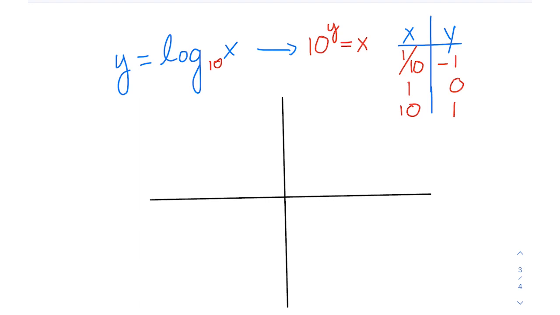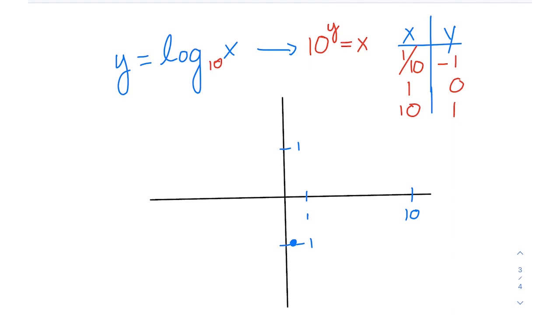We'll do -1, 0, and 1 for y. And for x, we'll do 1 here. And then I'm just going to ballpark it, but that would make 10 roughly about there. And so here we can see that when y is -1, we're going to be at 1/10. So that might be maybe something like this.